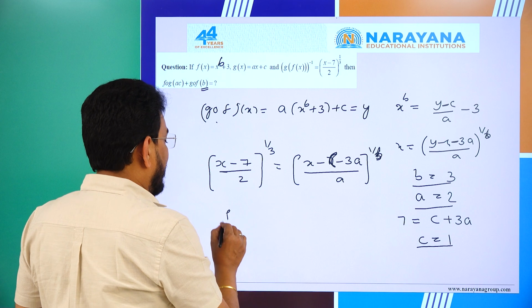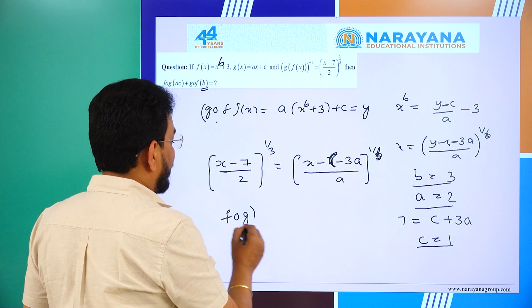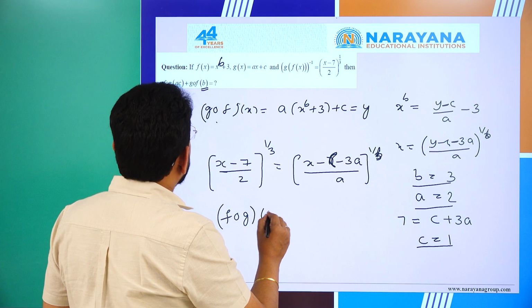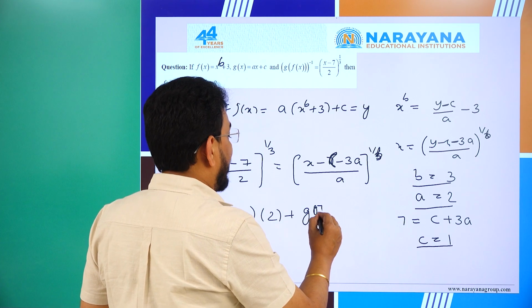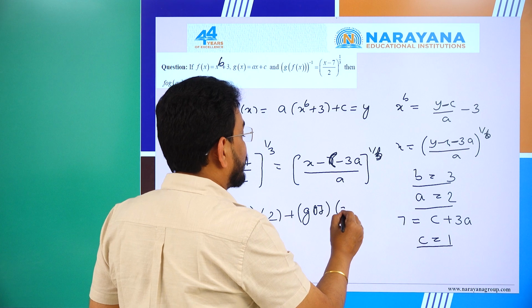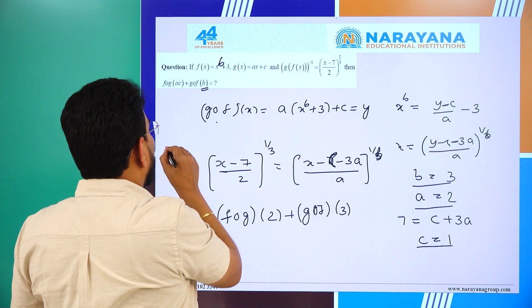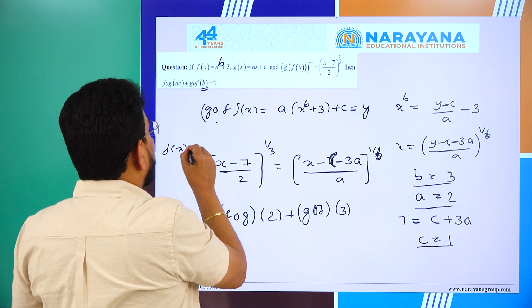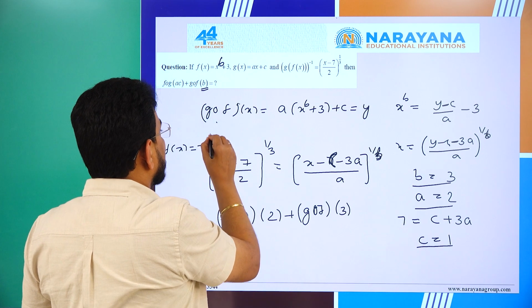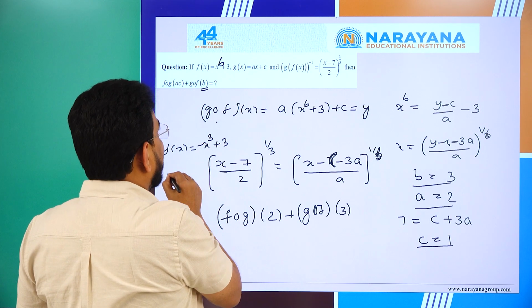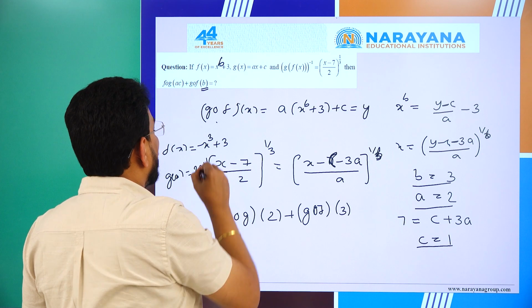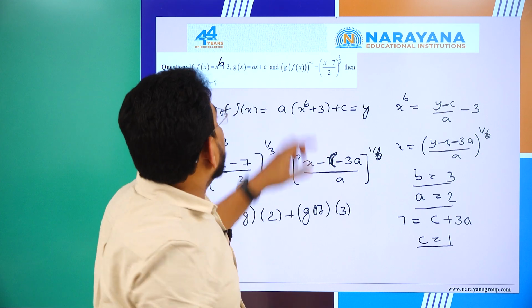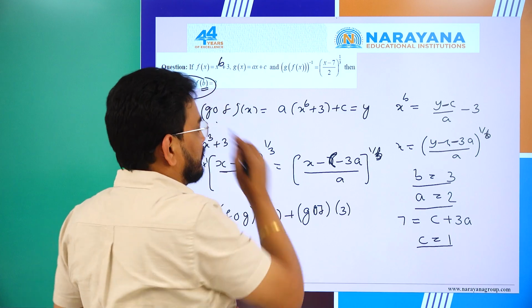You just simply need f circle g of 2 plus g circle f of 3. And here f of x is equal to x cube plus 3 directly, and g of x is equal to 2x plus 1. So substitute and you'll get this value.